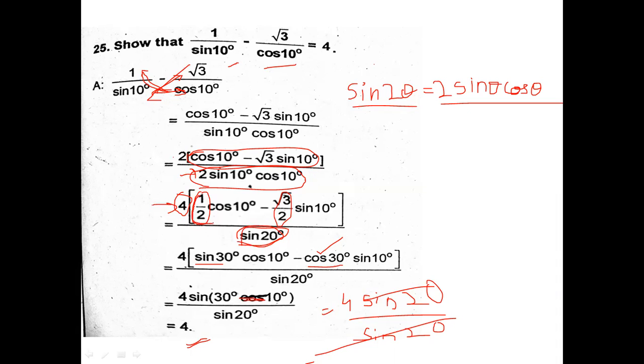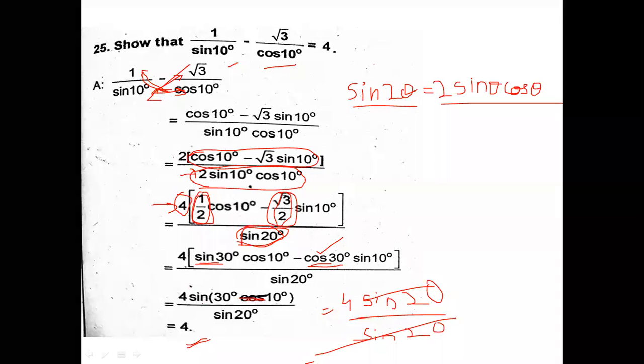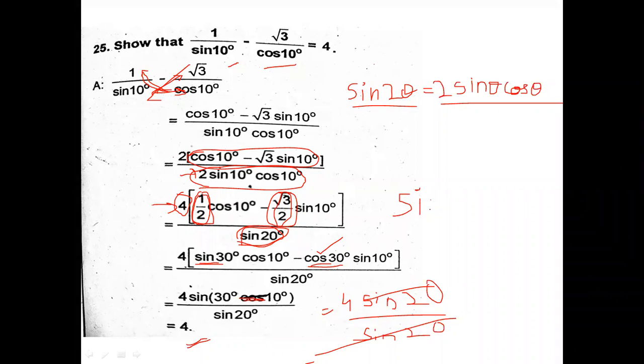This 1 by 2 will become sin 30 and this root 3 by 2 will become cos 30. We applied the formula sin (A minus B), where A is 30 and B is 10, so A minus B becomes 20. Then sin 20 by sin 20 gets cancelled, and the answer is 4.